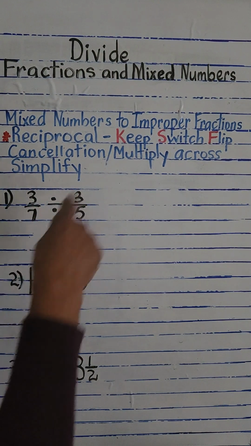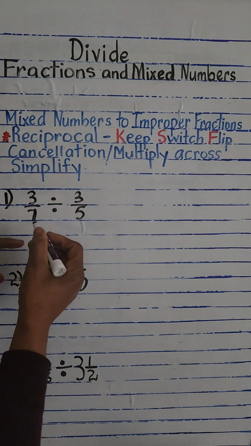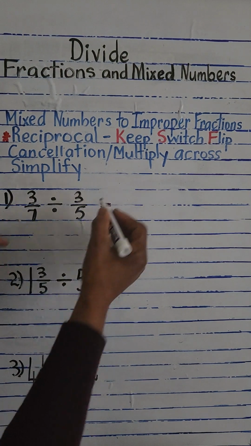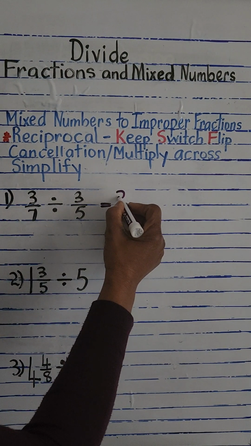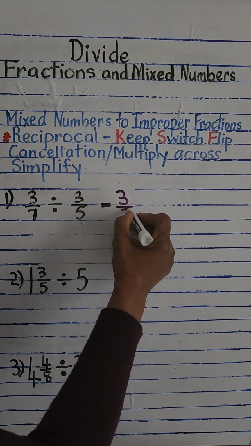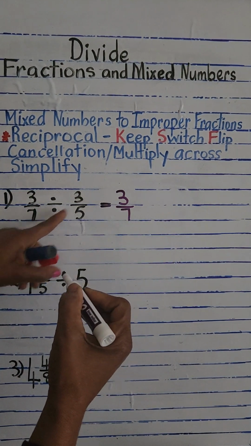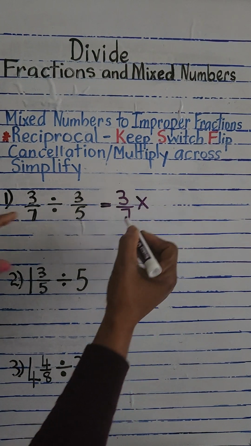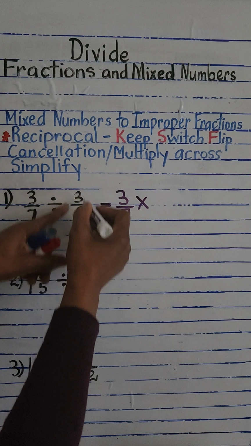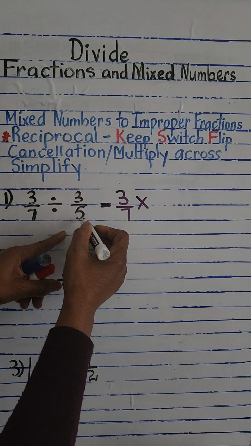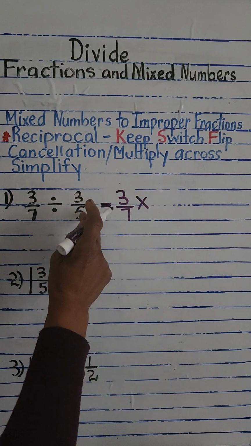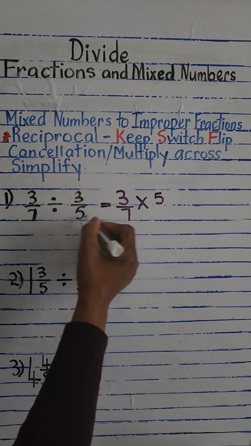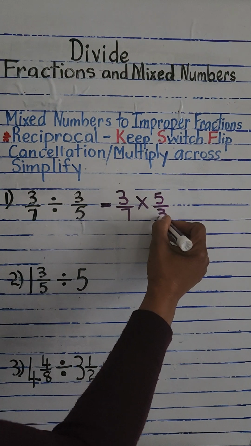So we keep the first fraction, 3/7, switch the sign to multiplication, and then we flip the fraction after the sign to the reciprocal. That means the denominator becomes the numerator and the numerator becomes the denominator.